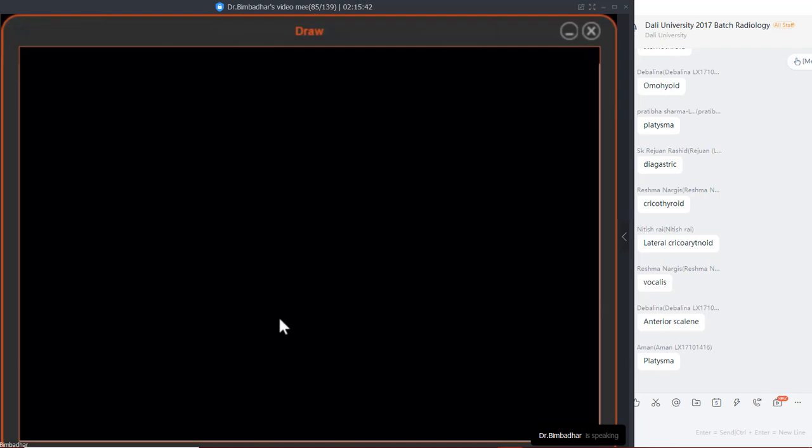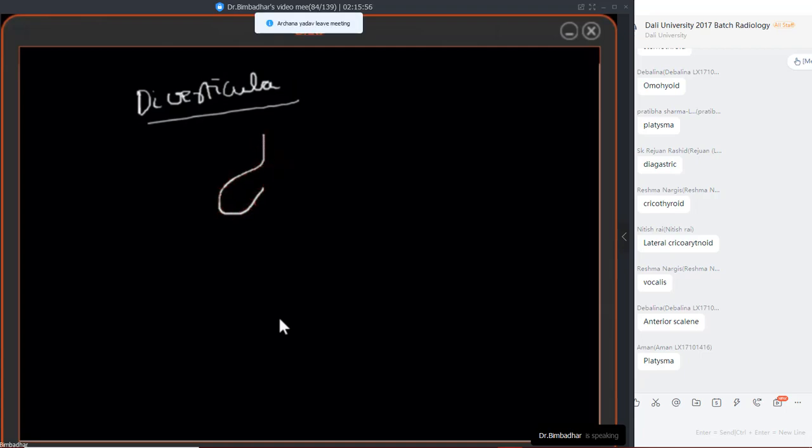Okay. The problem of the diverticula is something like this. Remember, listen carefully. A diverticulum is one that causes an outpouching of the esophagus. The esophagus is present something like this.